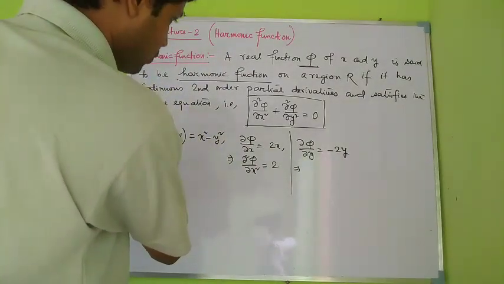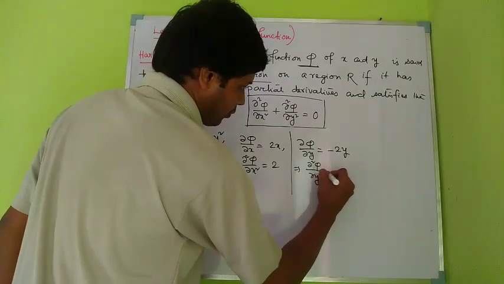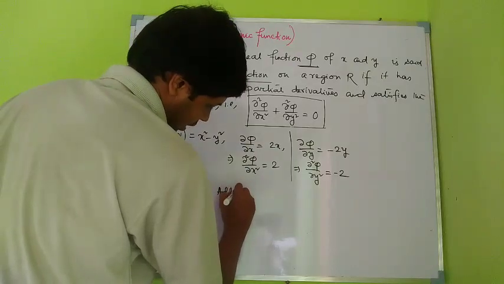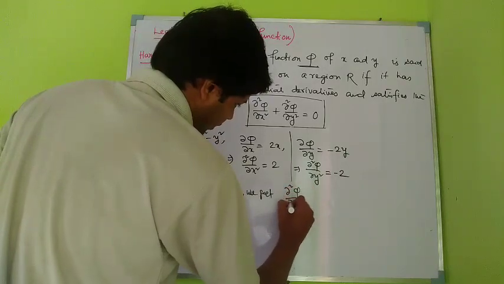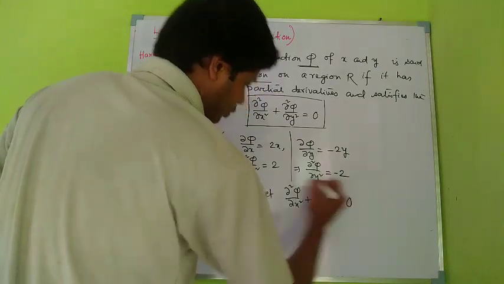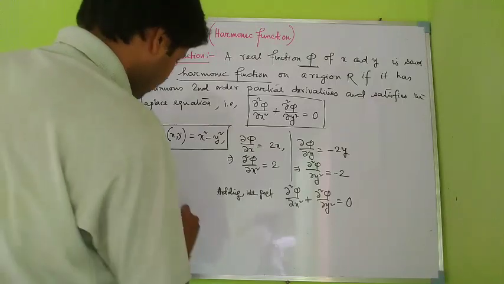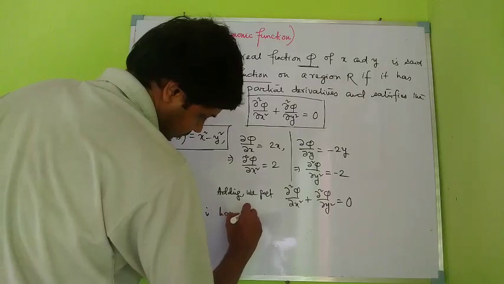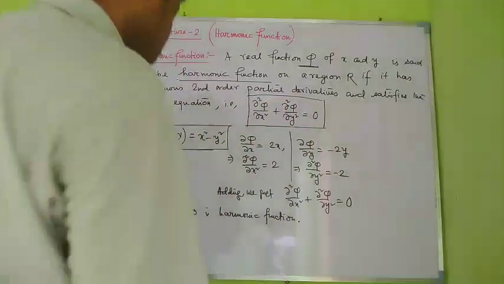Differentiating this partially with respect to y, del 2 phi del y2 is equal to minus 2. So adding, we get del 2 phi del x2 plus del 2 phi del y2 is equal to 0. So phi is harmonic. This function is a harmonic function.